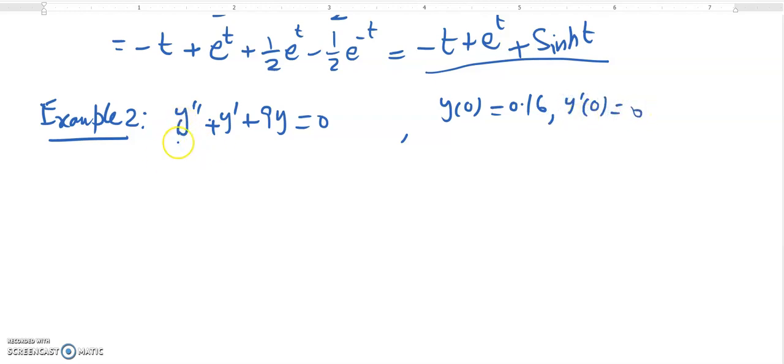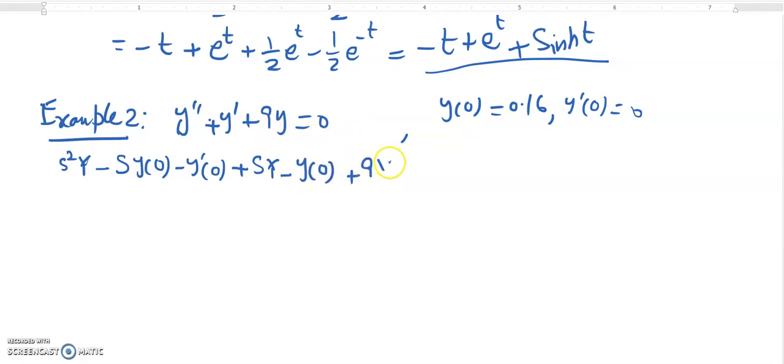So taking the Laplace of these, it will be s square Y minus s y of 0 minus y prime of 0, and then plus y prime, so it will be s Y minus y of 0, and then for 9y it will be 9Y and then the Laplace of 0 is 0.